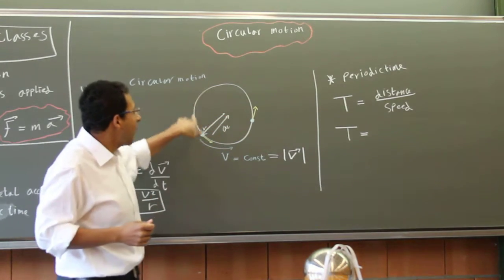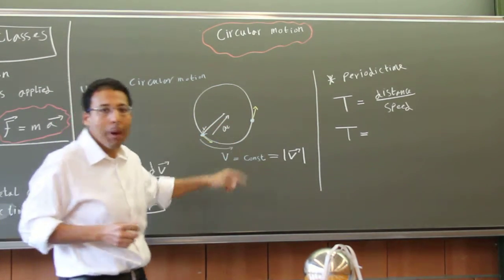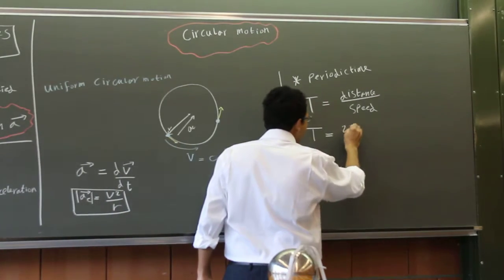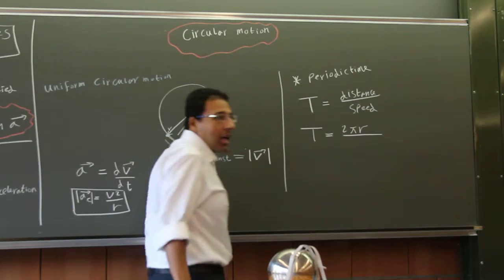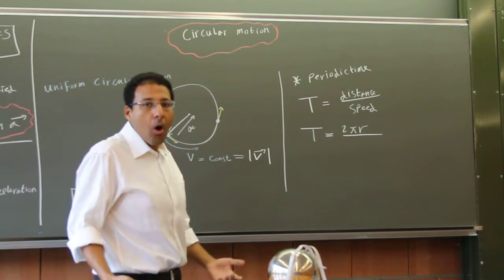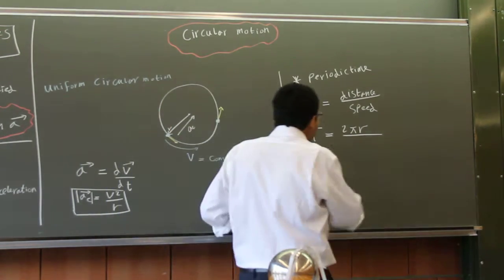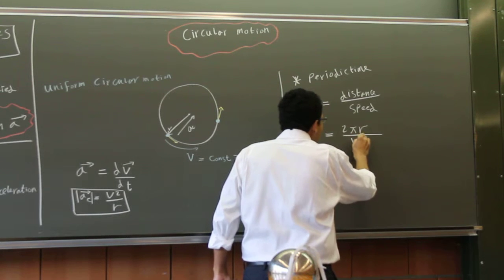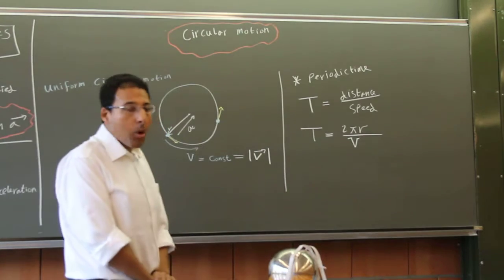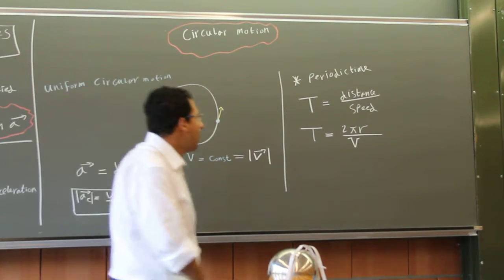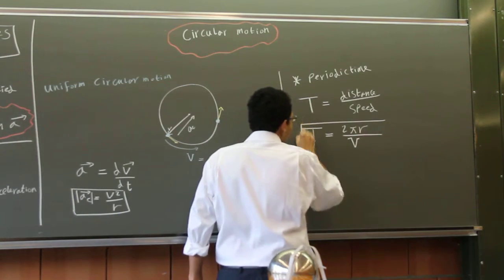It is the circumference of the circle, which is 2 pi times the radius r, divided by the speed. And we know that the speed is constant in this case, so it is 2 pi r divided by v. So this is what we call the periodic time.